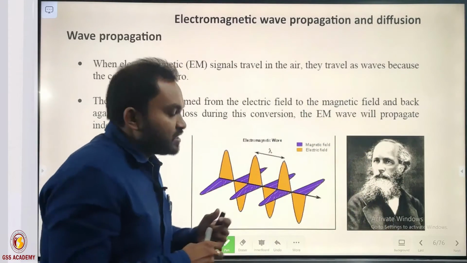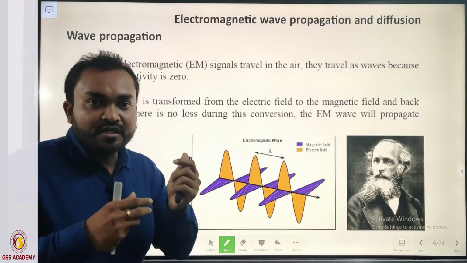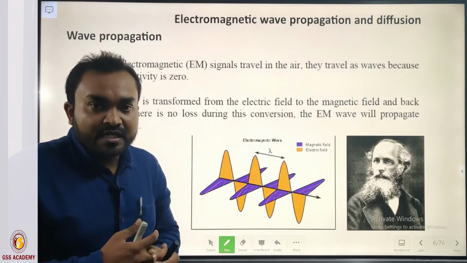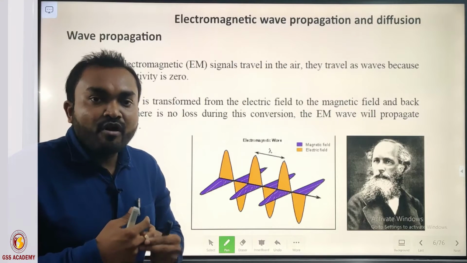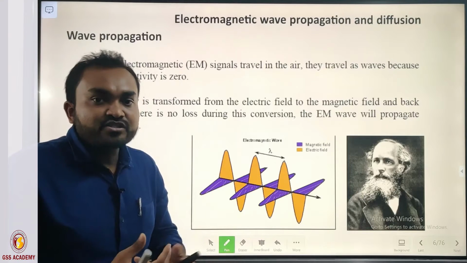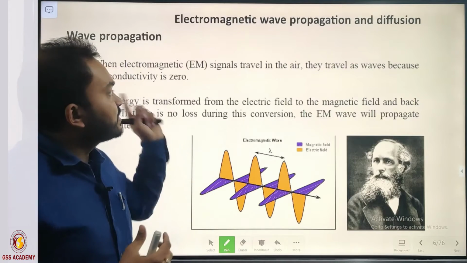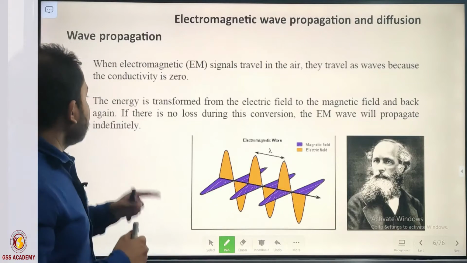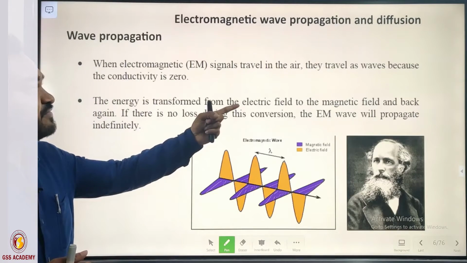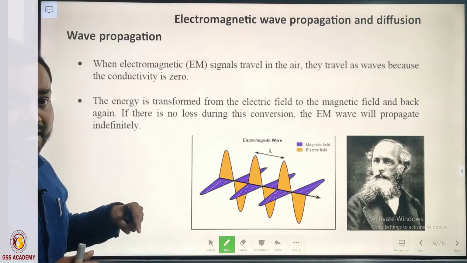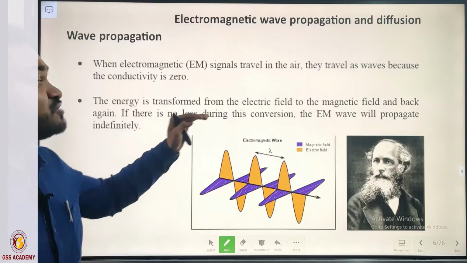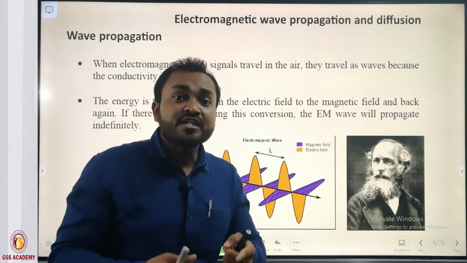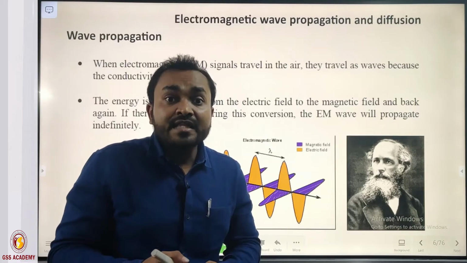For the wave property, if your air conductivity is 0, you will not get any reduction in amplitude, and the wave will travel through the air as a wave. The energy is transferred from the electric field to the magnetic field and back again, and there is no loss during this conversion. But in the diffusion case, some heat energy is produced and there is energy loss.